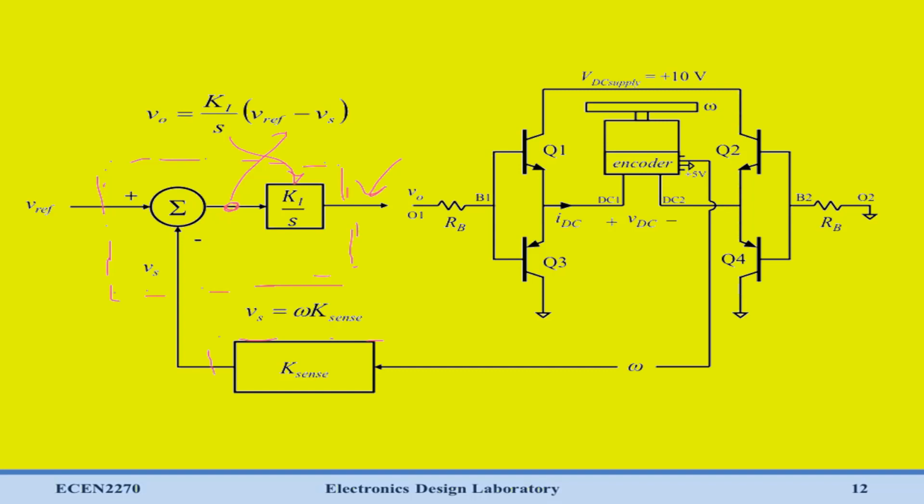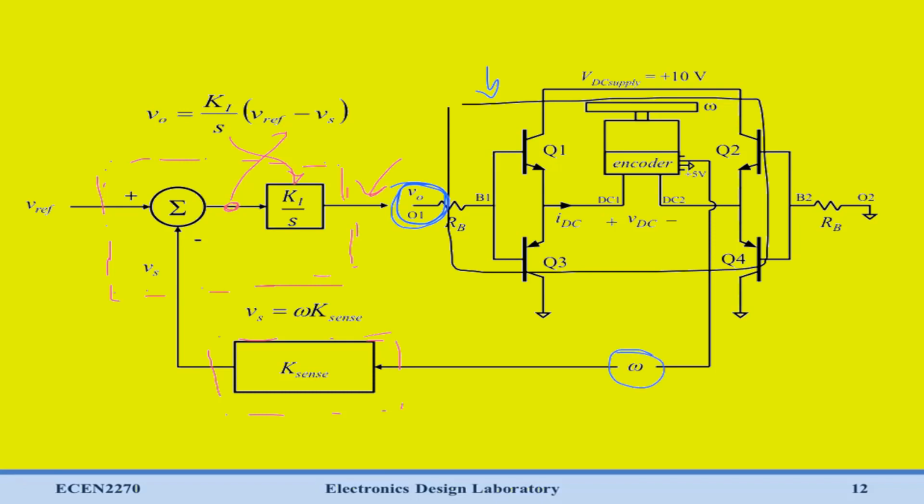Again, we have this block here which represents our sense circuitry. And now the only portion of this that we still need to simplify and come up with a model for is our motor driver and our motor. Now the first step to doing that is just recognizing what the inputs and outputs to this block are. You can see our input is this VO, this control voltage, and the output that we care about is omega, so the motor speed.